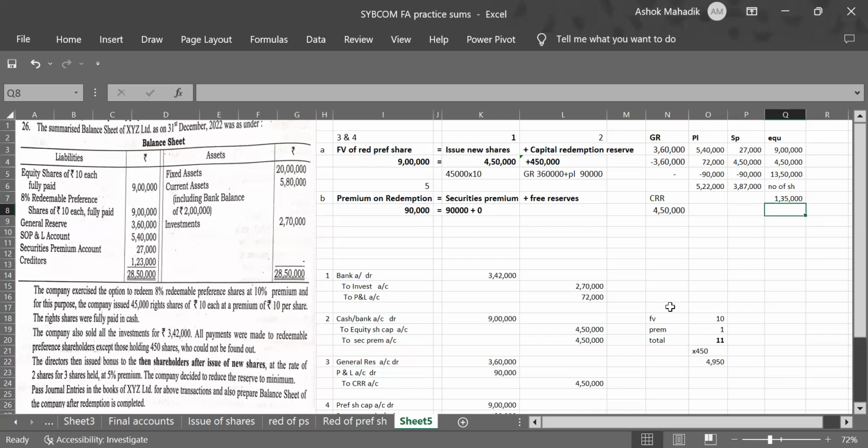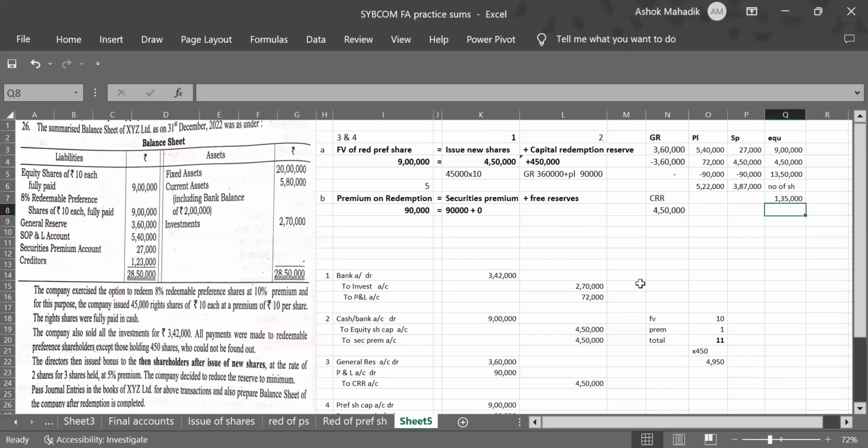Now you will say, sir, why do we need this number of equity shares as of now? Because we have to calculate bonus shares. For bonus shares, they will always provide you the ratio of existing shares and new bonus shares. So for that we need the number of equity shares. Clear? Therefore, I converted share capital into number of equity shares. Now let us read that bonus adjustment.